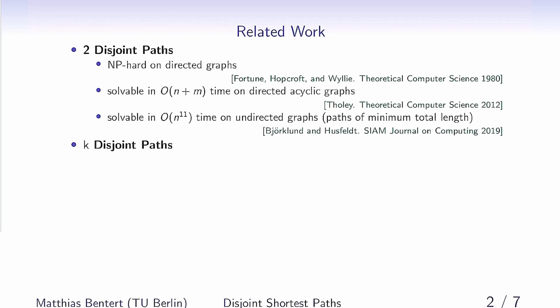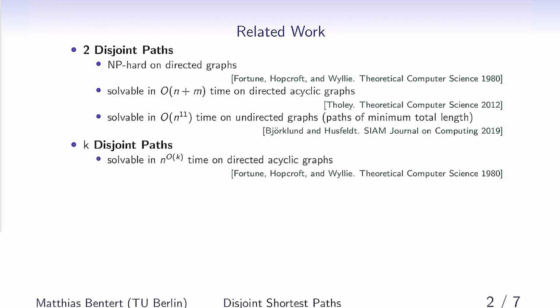For the problem k disjoint paths, so not 2 but an arbitrary fixed number k of disjoint paths that we are looking for, but still not shortest paths, it is known that the problem is solvable in XP time on directed acyclic graphs. Now, adding the requirement of shortest paths, let's start with 2 disjoint shortest paths.